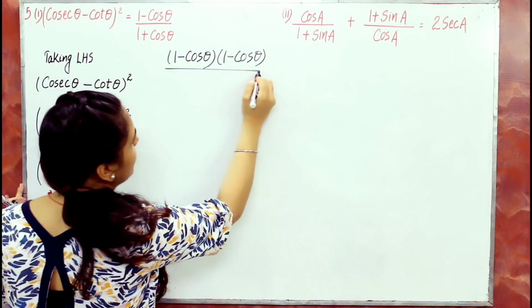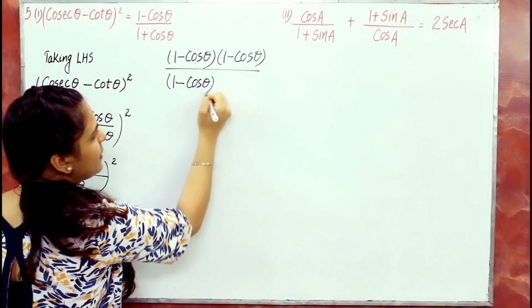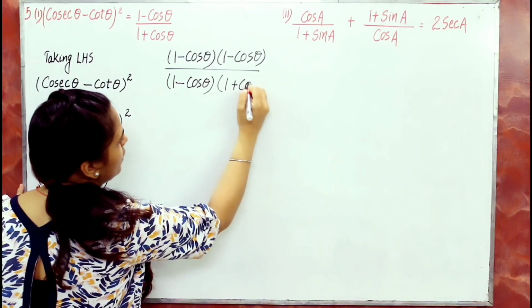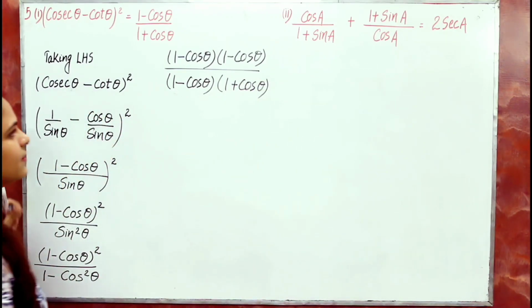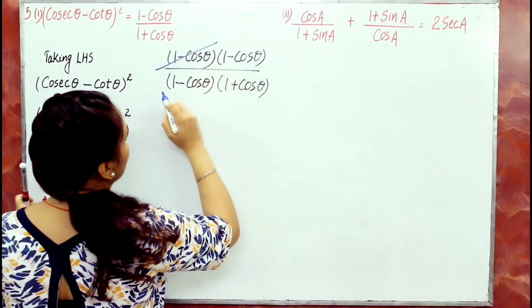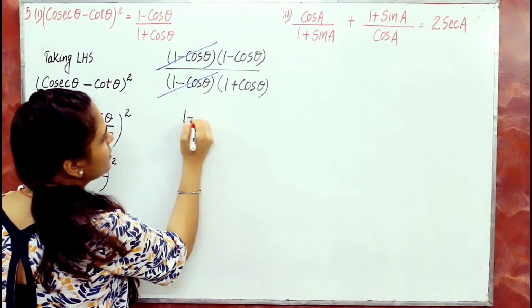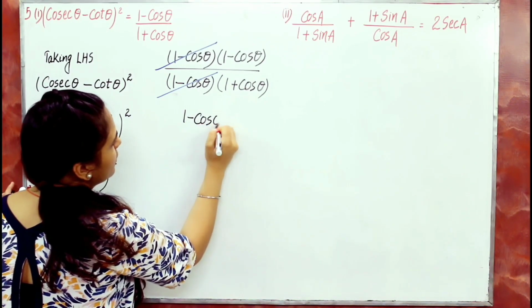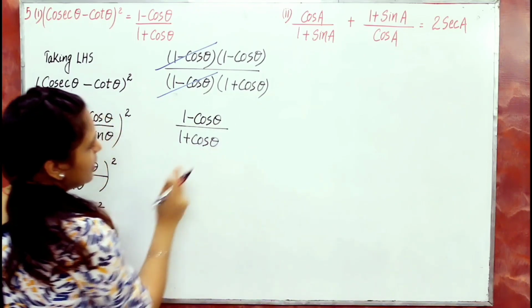So you can write (a minus b), that is 1 minus cos theta, and (a plus b), 1 plus cos theta. We are using the algebraic identity here, and you can cancel out this 1 minus cos theta and 1 minus cos theta. Then the final result is 1 minus cos theta upon 1 plus cos theta.